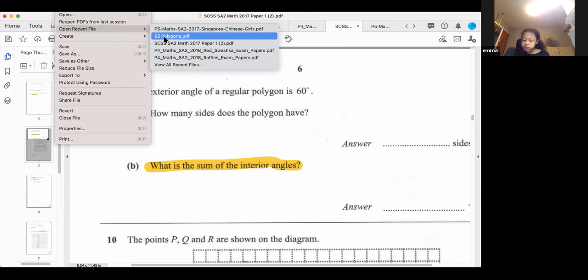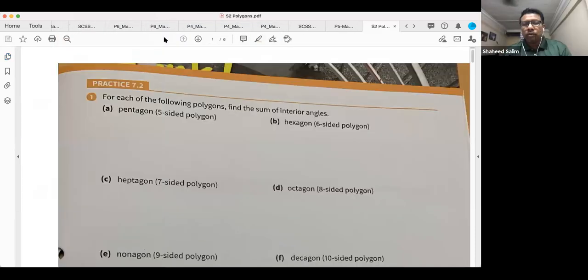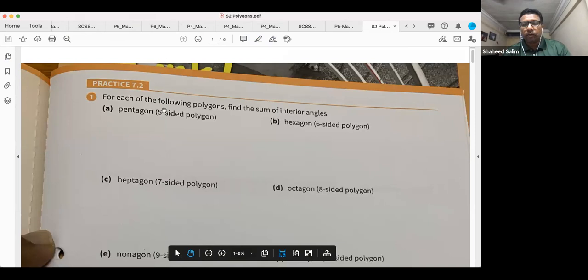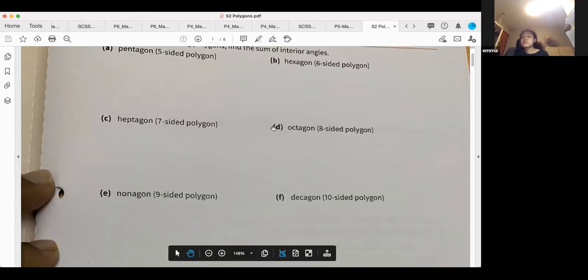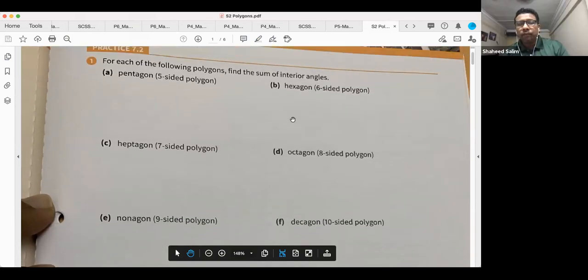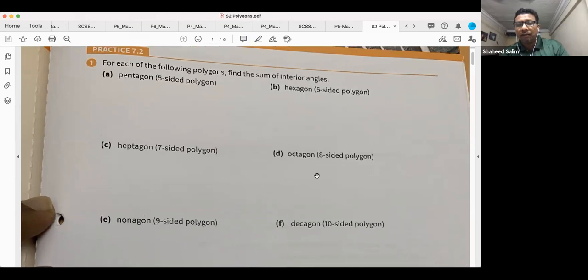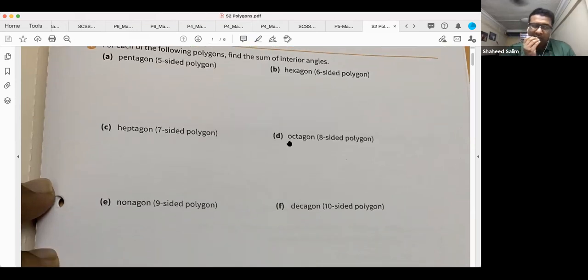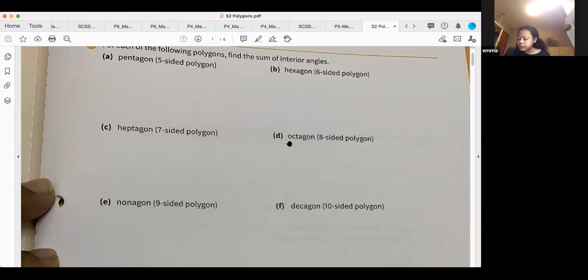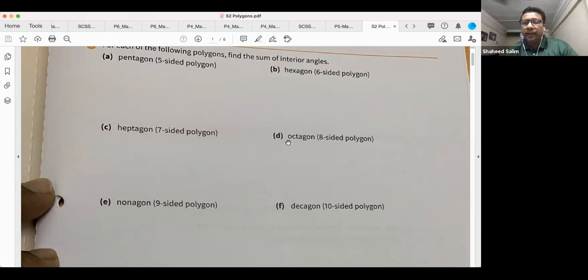We want the sum of interior angles for D. D, yeah, octagon.